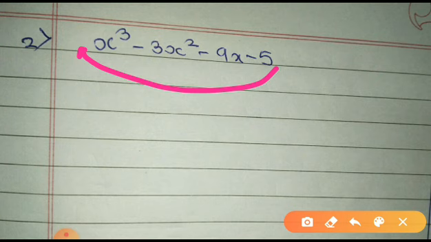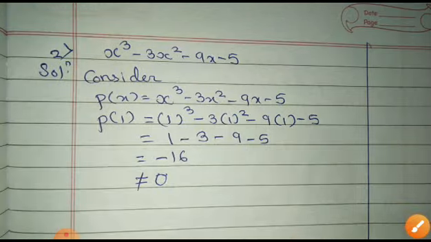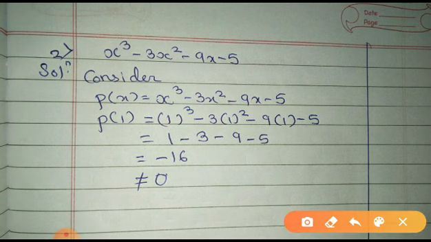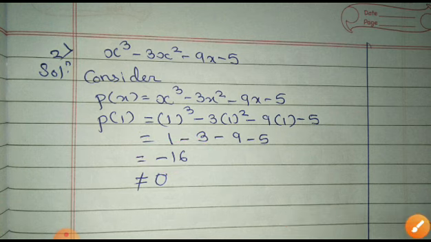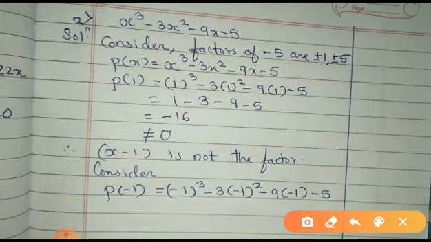Okay, so first I'll be considering P of 1. P of 1, after substituting, I have got it as minus 16, but it is not equal to 0. And hence x minus 1 is not the factor. Now check for P of minus 1. Now P of minus 1 is nothing but wherever you have x, substitute the value as minus 1.